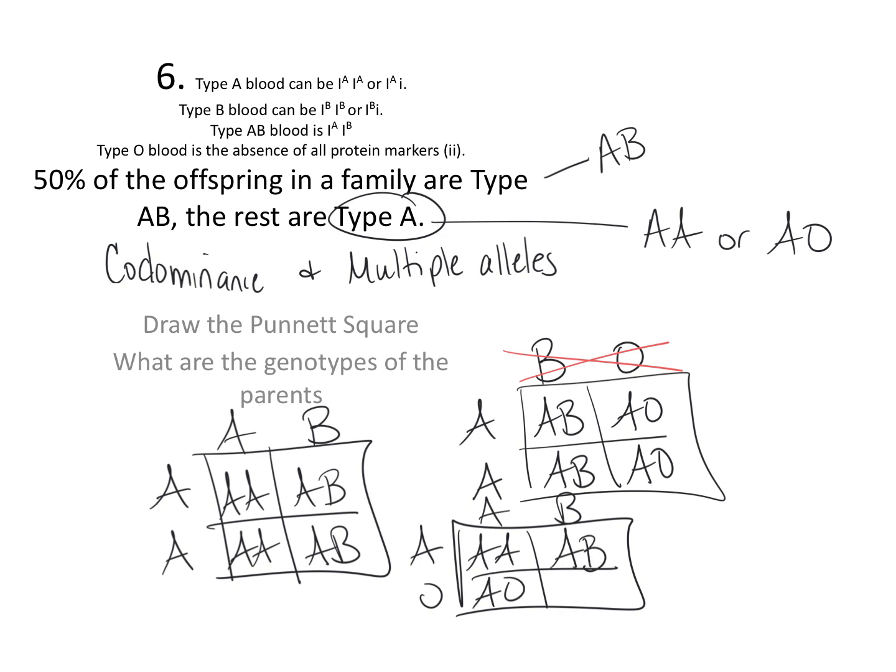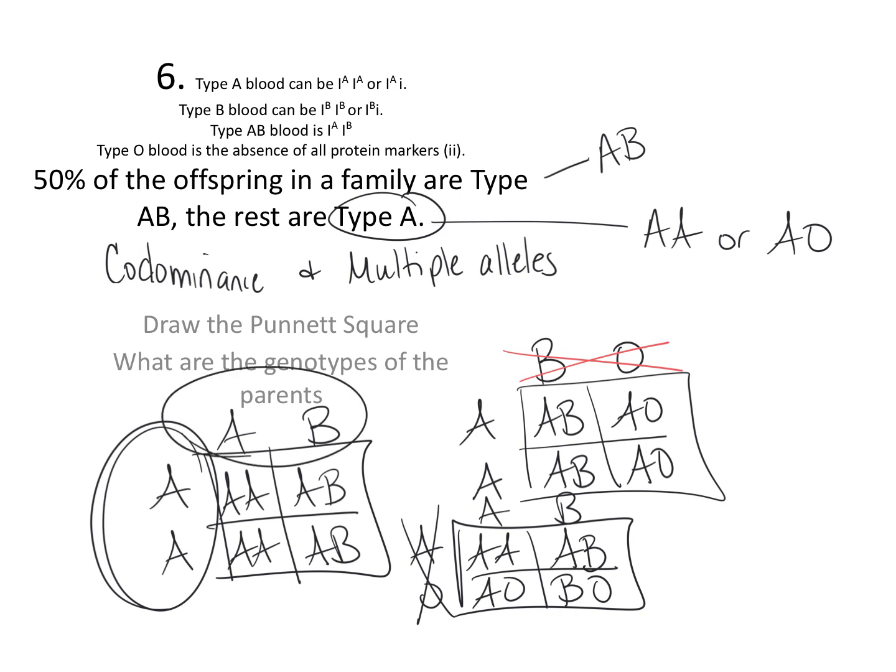We'd have an AB, but then we'd get a BO. So we are going to guess that it is not A with an O. We're going to guess that the genotypes are going to be homozygous dominant and heterozygous, because we don't want to have anything with B's in it as being the blood type.